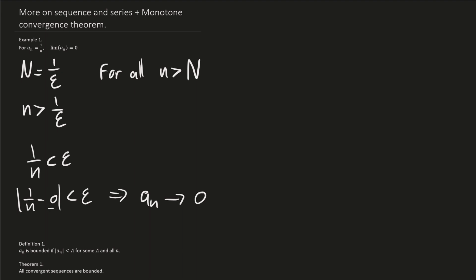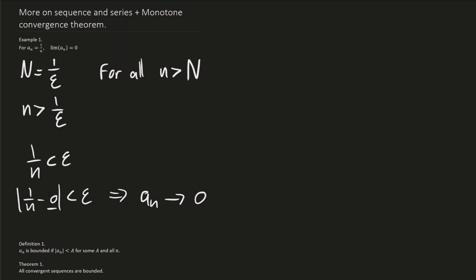We picked a particular value and we showed that everything beyond that point, given some epsilon being arbitrary, everything beyond capital N will lie within a particular distance of this 0, which is our convergence point. So that's basically it.